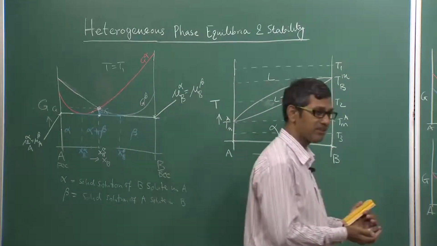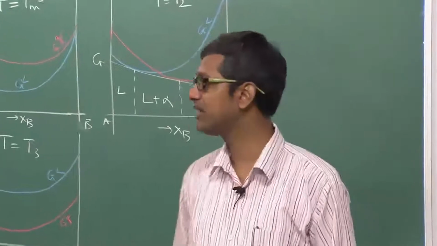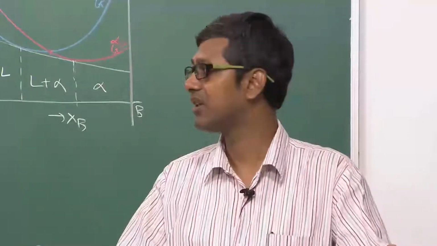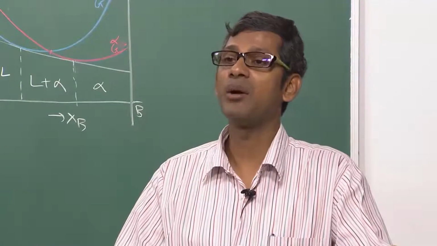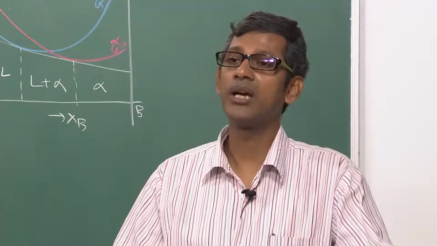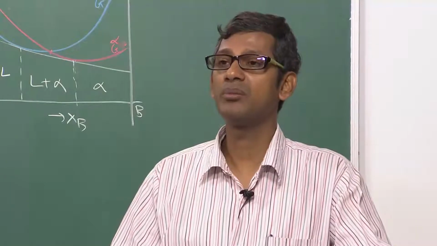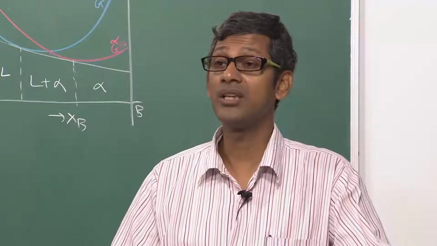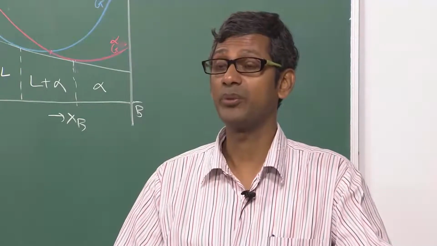So, in a nutshell, I just wanted to show you how these free energy composition diagrams can be used for simple phase diagrams. Now, in the next lecture, I am going to take you through some more examples so that you feel more confident and you can yourself draw it. So, the moment you draw yourself in a notebook while listening to this lecture, you will have more confidence in doing that.